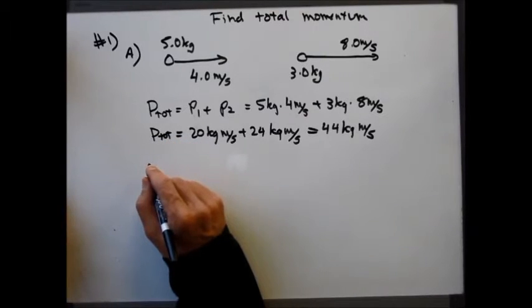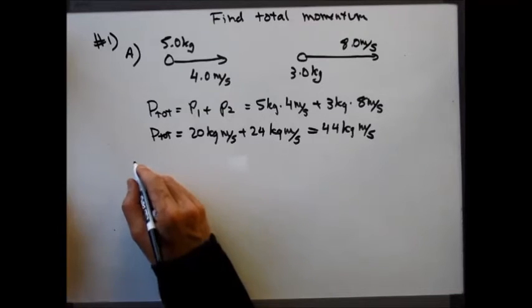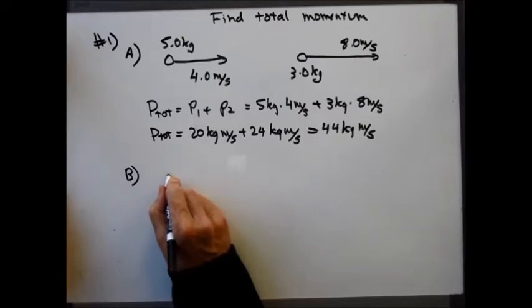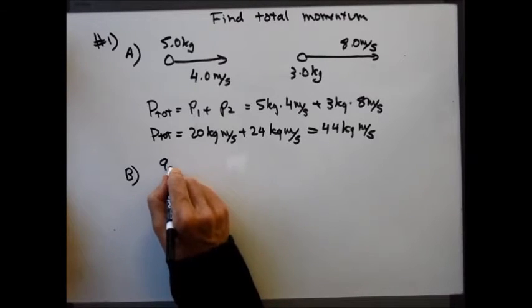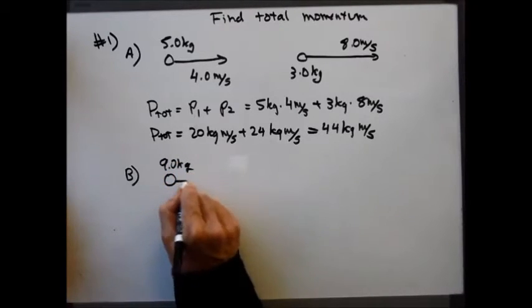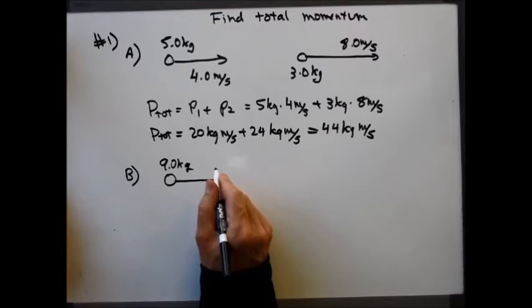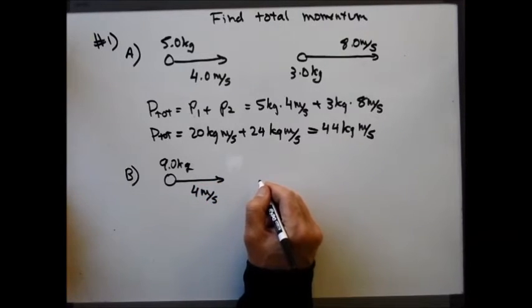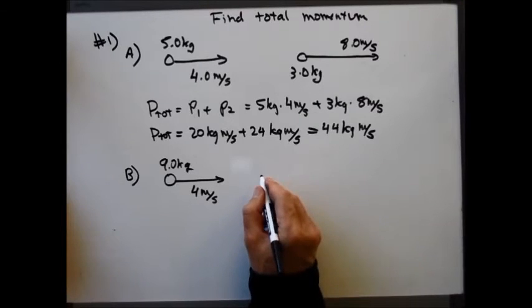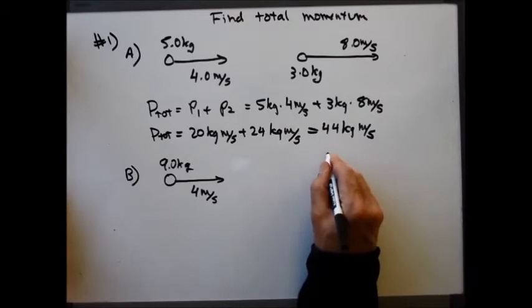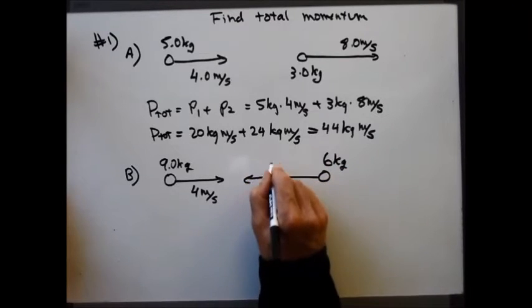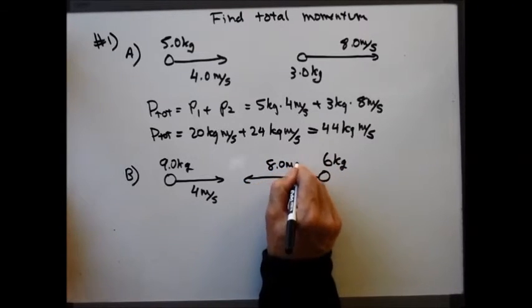So that's my total momentum. So if I do another one of those, I've got a particle here that's 9 kilograms traveling at 4 meters per second, and a particle over here that's 6 kilograms traveling at 8 meters per second.